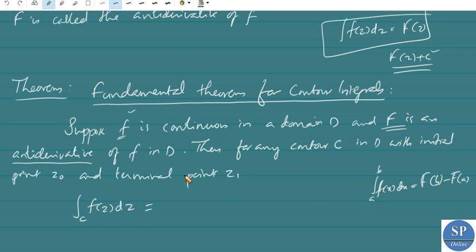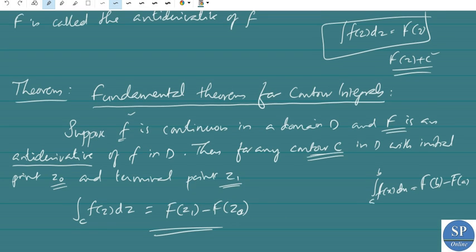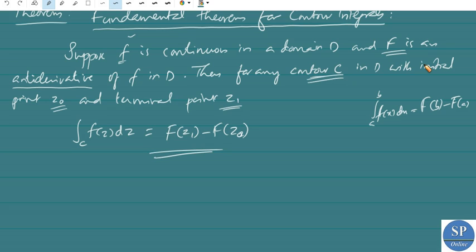Similarly, in this case, for any contour C in D with initial point z0 and terminal point z1, we have contour integral over C f of z dz is nothing but capital F of z1 minus F of z0. Okay, this is because integral of f of z is capital F of z. So applying these limits, F of z1 minus F of z0. We can prove this fundamental theorem in the case when C is a smooth curve.